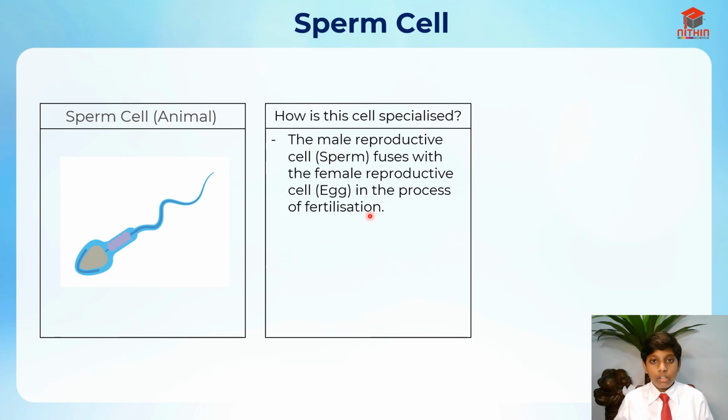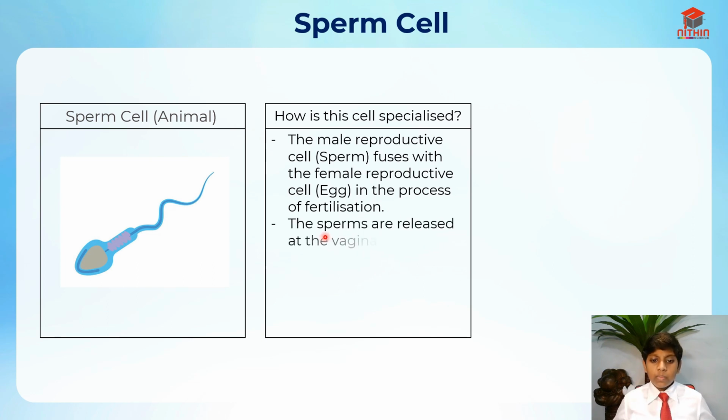Okay, they need to fuse, and the fertilized egg will be in the womb for about 9 months, the gestation period. Okay, they actually fertilize in the fallopian tube, and they have to grow into a baby. So that is what happens.